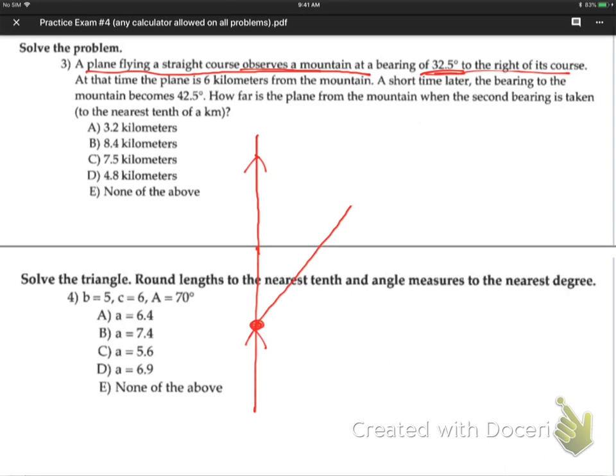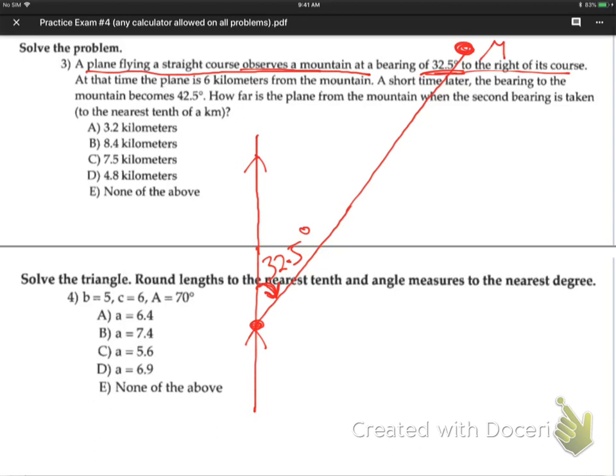Let me put it further off. Let's say up there. He sees M for mountain at that angle here, 32.5 degrees to the right of my course.